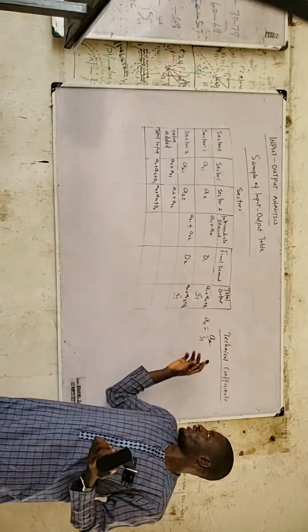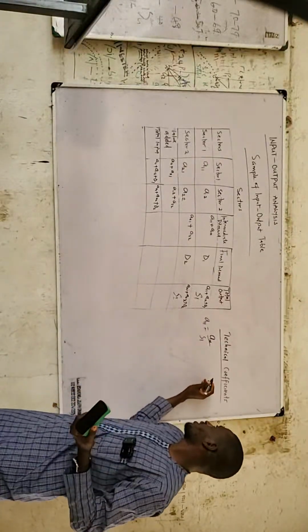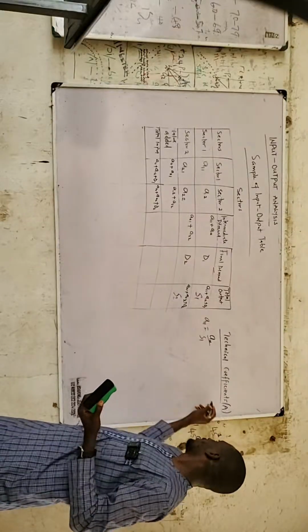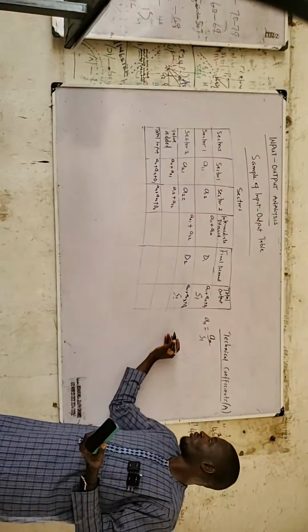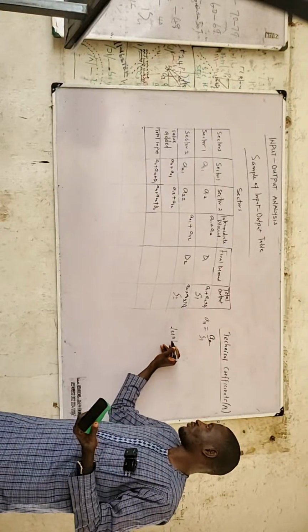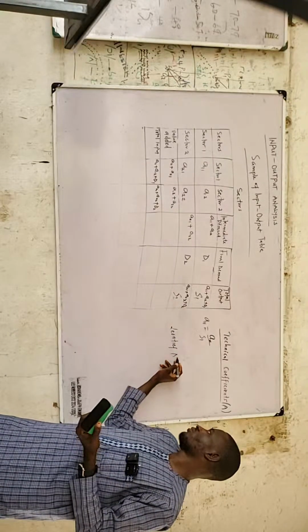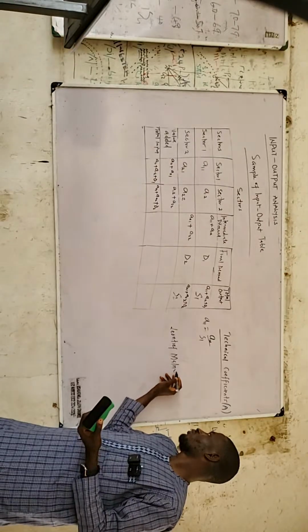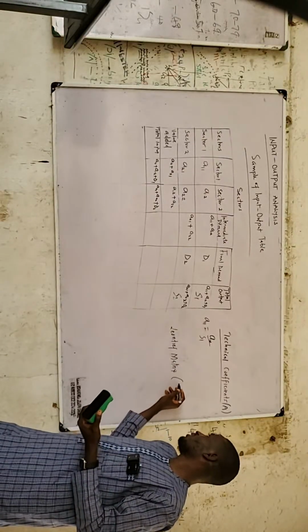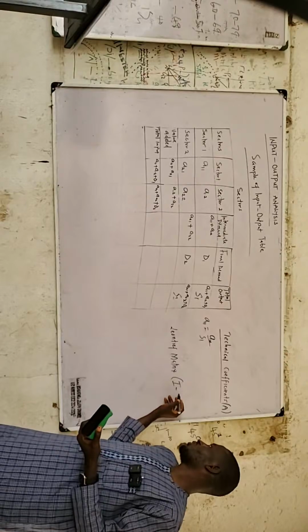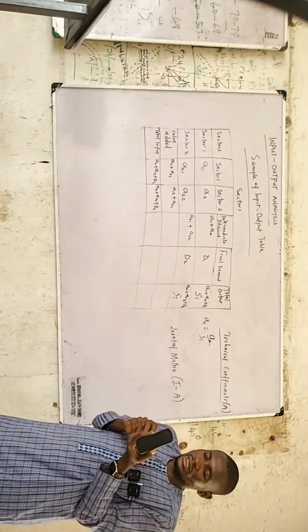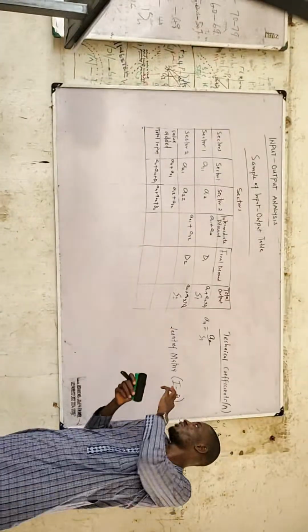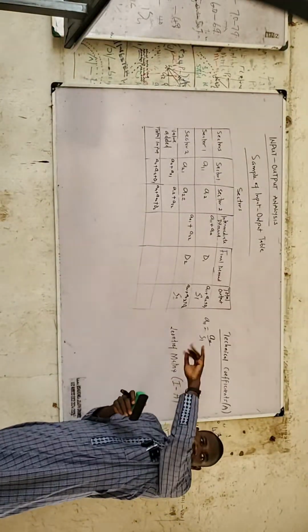Then it is from there that, because the technical coefficient is for matrix A, you proceed to get the Leontief matrix, which is the identity matrix minus A. So the identity matrix depends on the number of sectors you have.